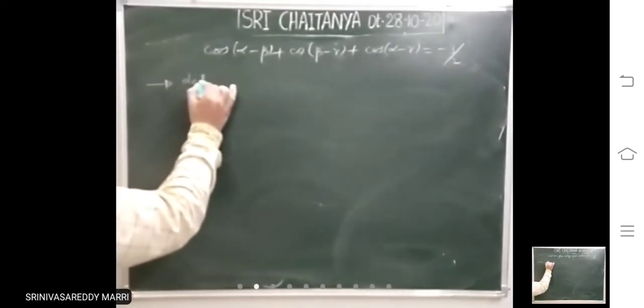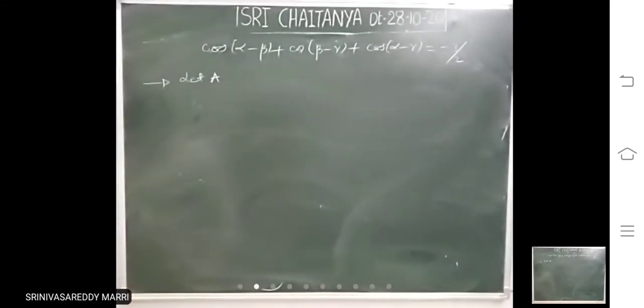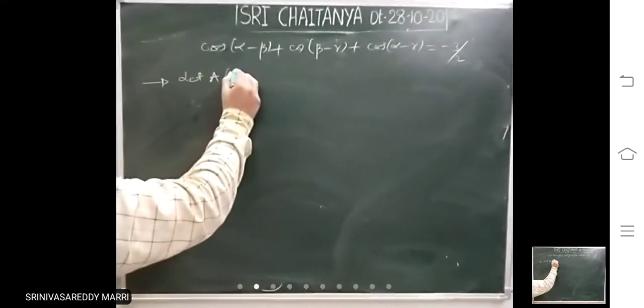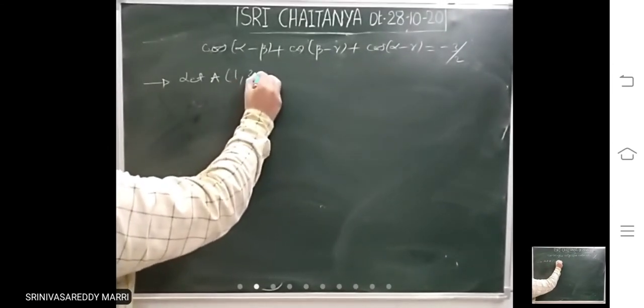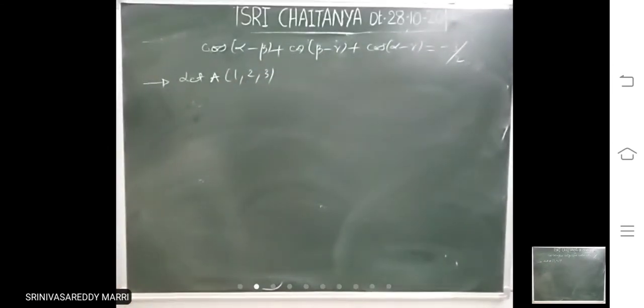There is a point given. Let A be (1, 2, 3).